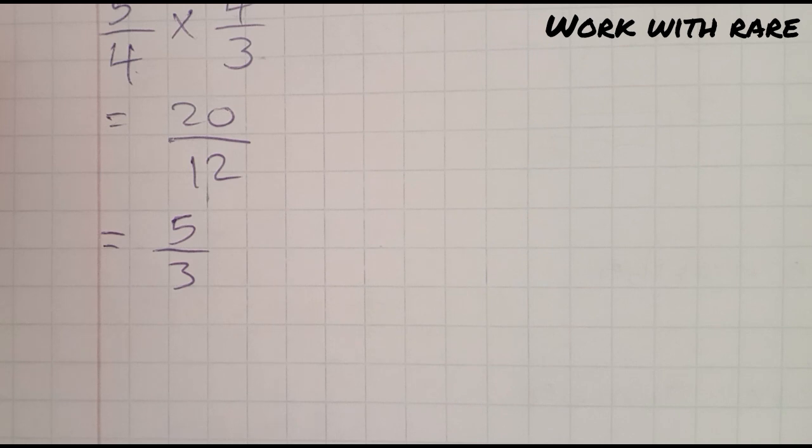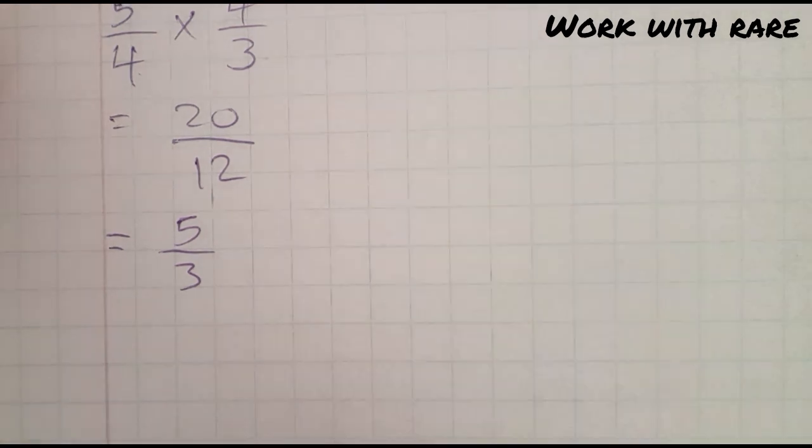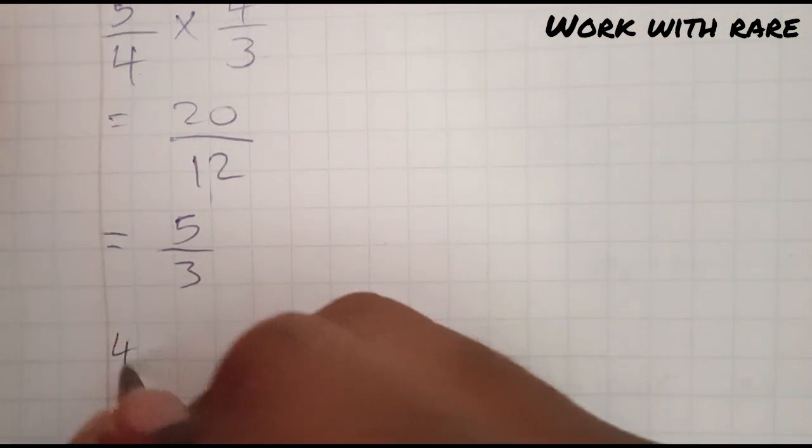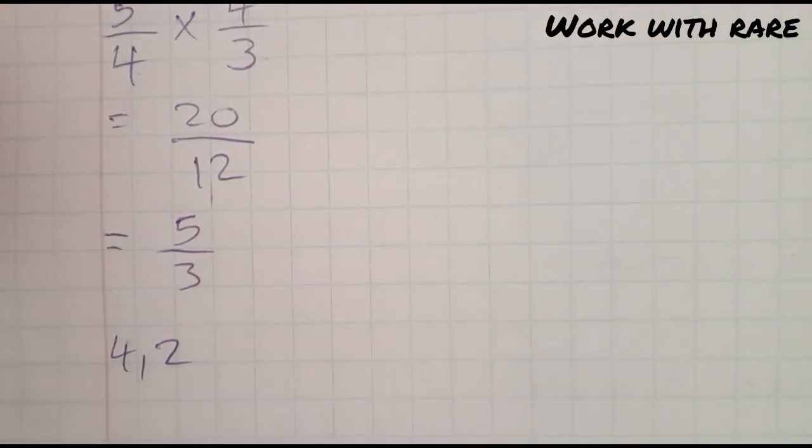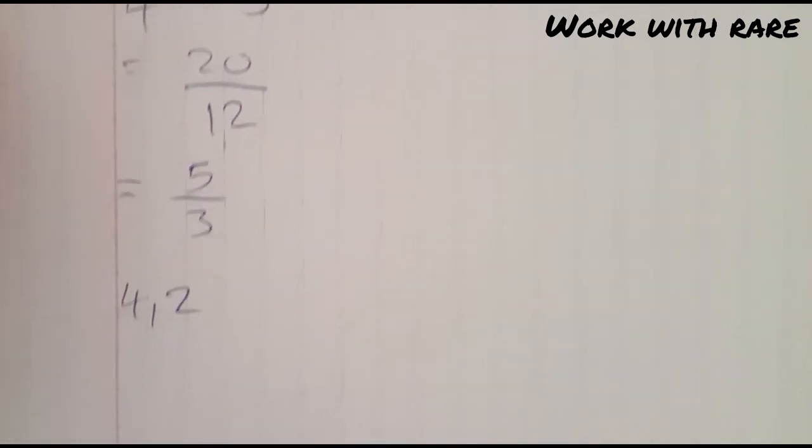So the next question says 4 over 27 of 9 over 16 minus 1 over 8. So I'll write it down. So when you do mathematics, always when they say of, you should multiply.